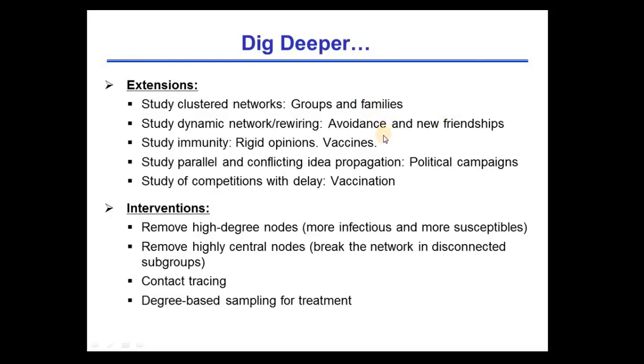and think about these different kinds of problems that I just exposed you to, like network rewiring, how network changes, clustered networks, groups and families present. Study immunity. That is also an interesting aspect, that you consider that some people have taken vaccine, or some people have a very rigid opinion, they don't think that COVID is much serious and they will always go out.